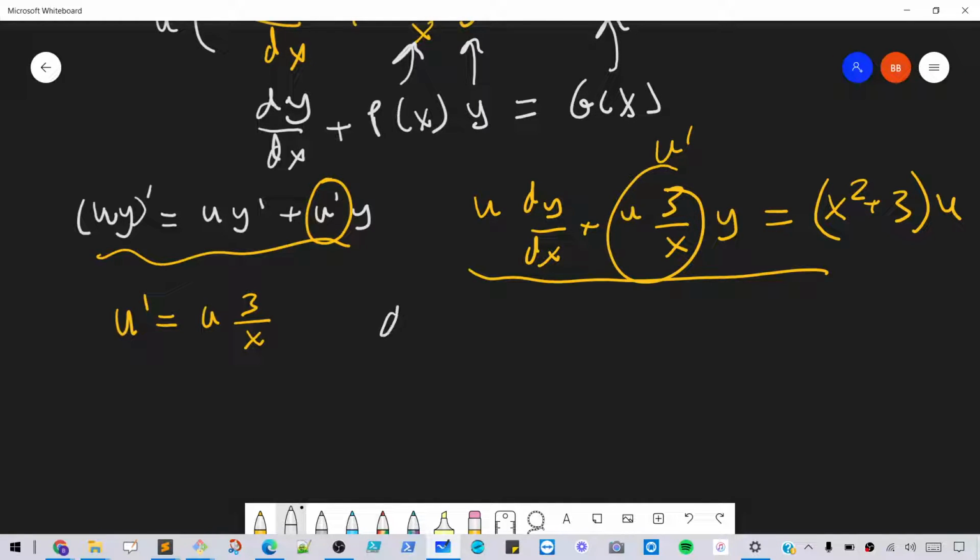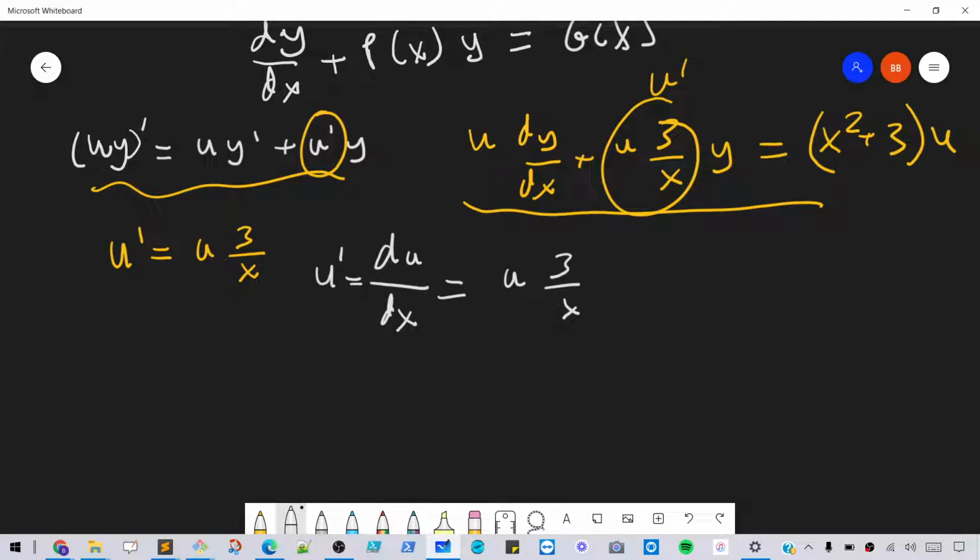So u prime is du over dx, equal to u times 3 over x. What we can do then is divide by u on both sides. So we're going to have du over u, and on the other side, 3 over x dx. Now I can integrate on both sides.